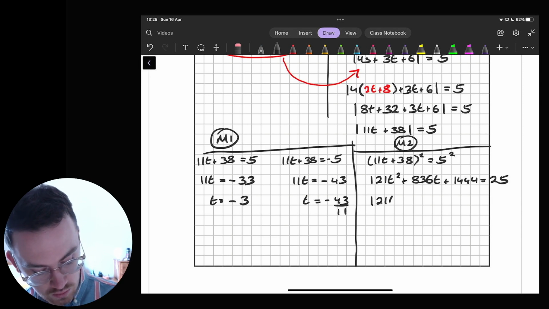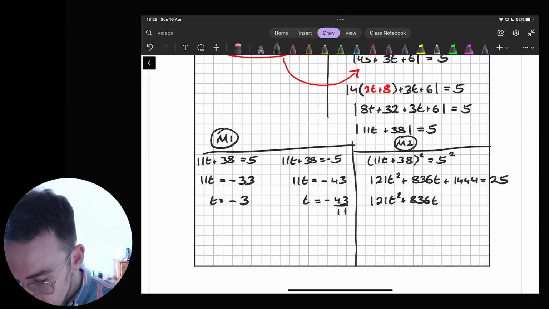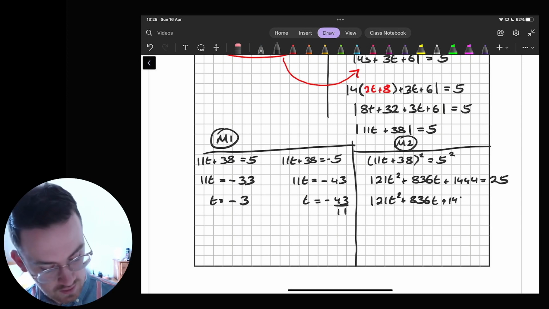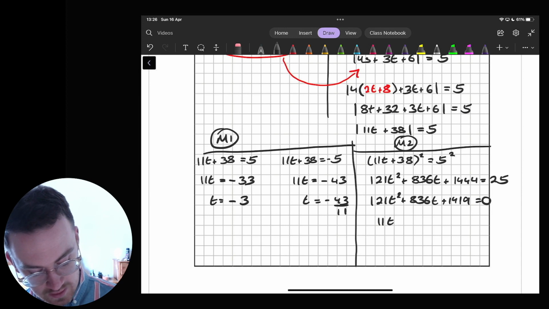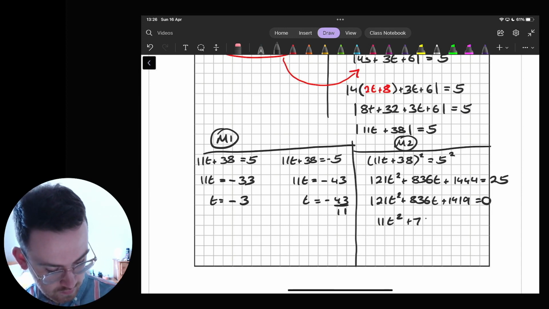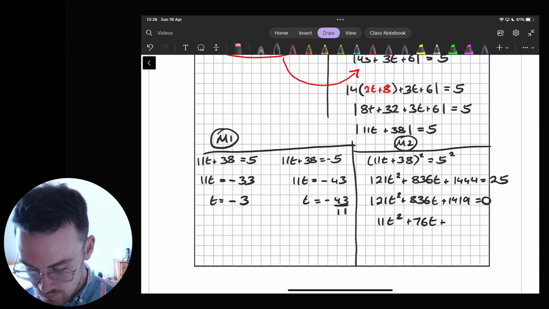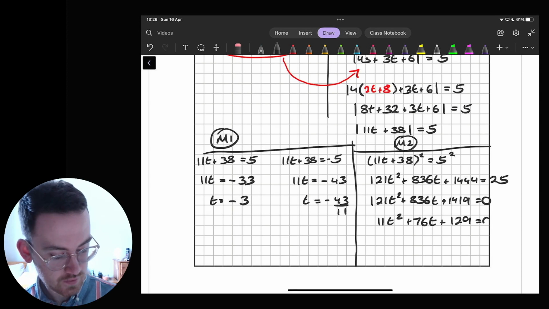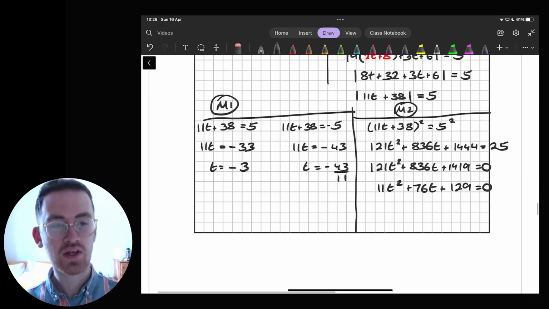So 121t squared plus 836t plus 1444 minus 25 is 1419. And what we'll do then is see, can we divide across by anything? And we can divide across by 11.